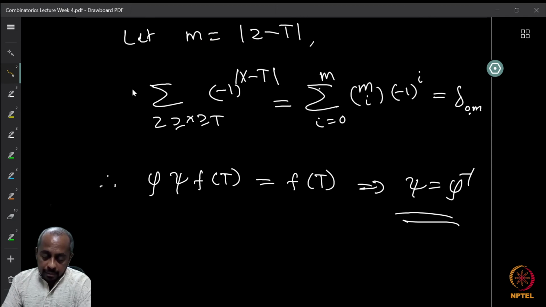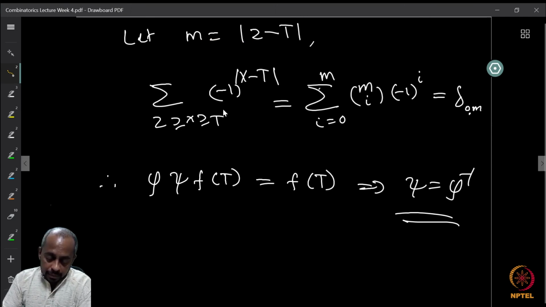So look at x: x can vary from t to z. When x is equal to t, you will get 0, and when x is equal to z, you will get m.